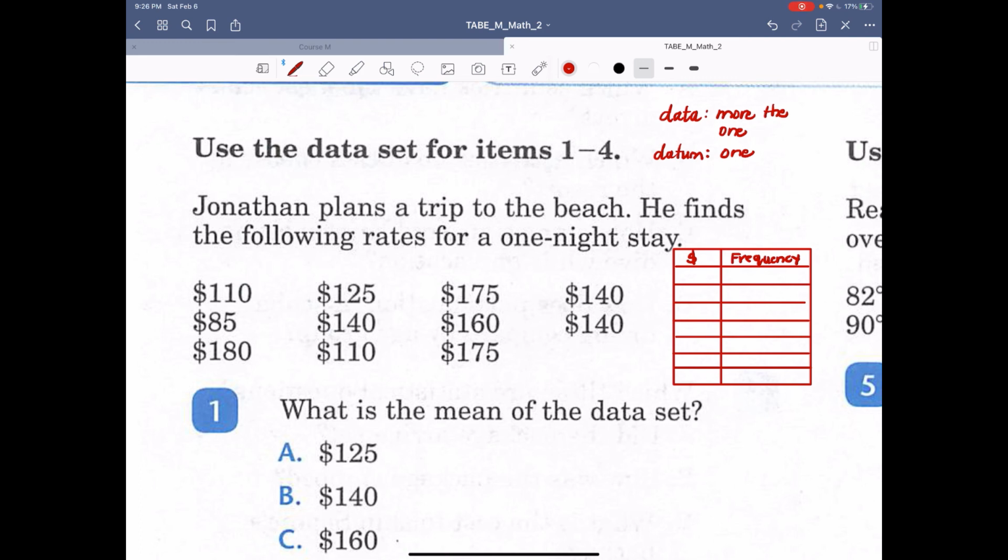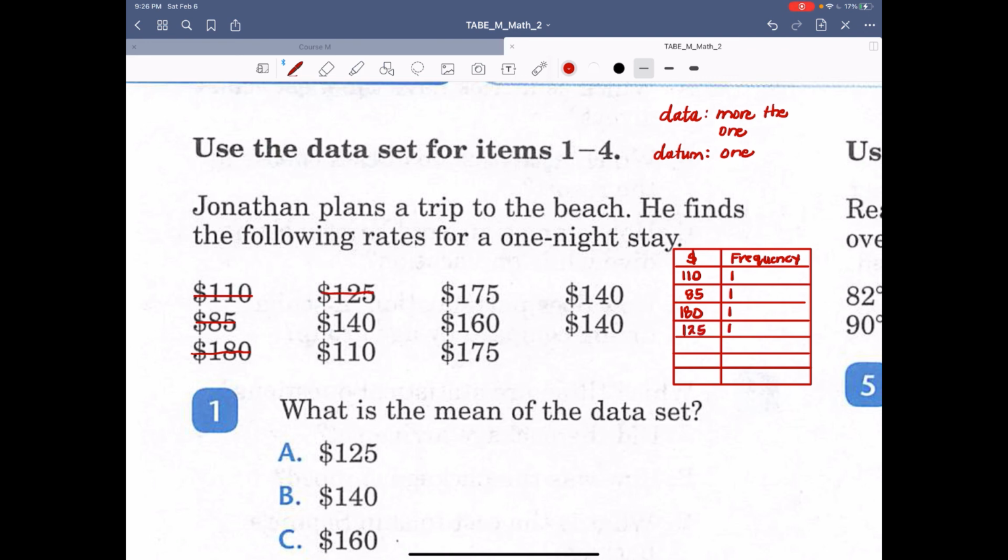Okay, so this first price that he found was $110, and that first one, I'm going to just mark off tick marks. So that was this one. And then he found one for $85. That was one time that I see that one. He found a $180. So I'll mark that off. He found a $125.